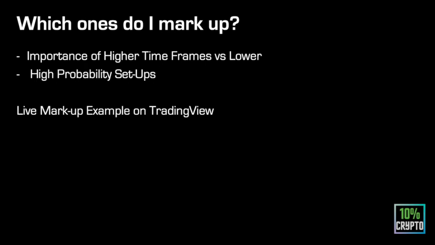Because if the price on a 4 hour range has just rejected from the resistance and now it's dropping down to a support, essentially you do want to be selling, you want to be following the general trend on the higher time frames.